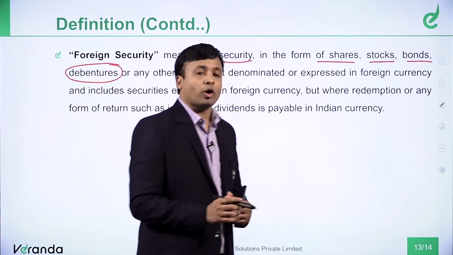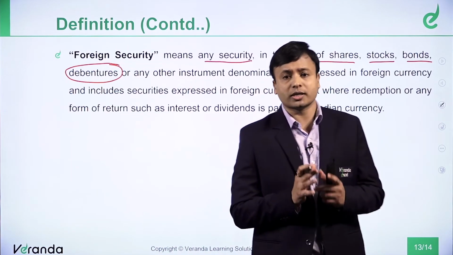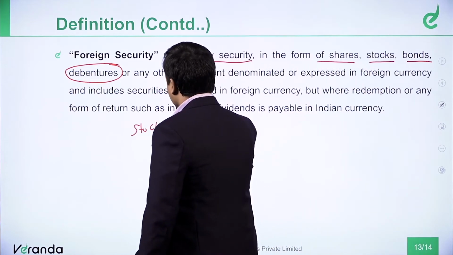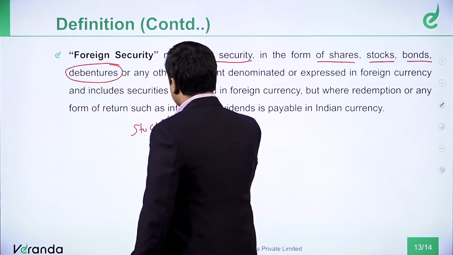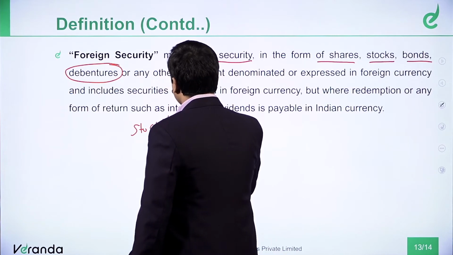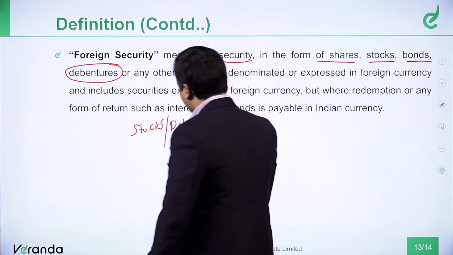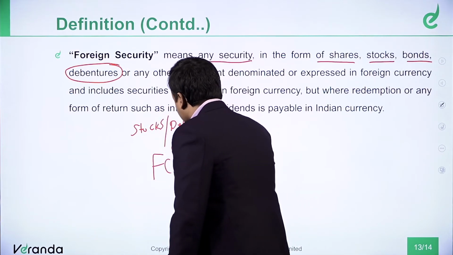The important point to be noted in case of foreign security is, you can have stocks, you can have debentures. However, these stocks or debentures have to be denominated in foreign currency.